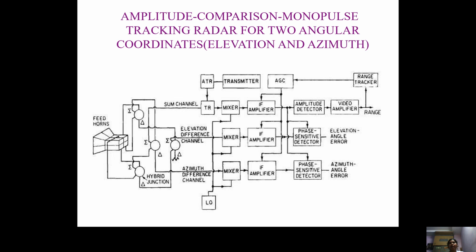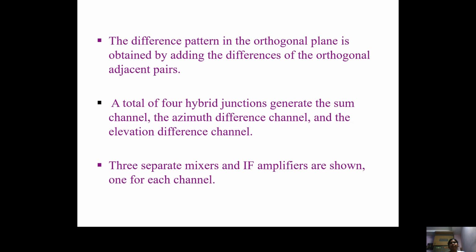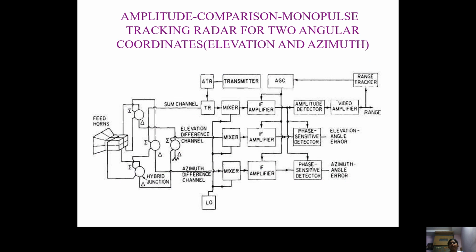By separating the carrier signal from the received echo signal, it detects the amplitude and gives the low frequency signal, which is to be passed through the video amplifier for the range measurement. And here the range has to be tracked correctly.